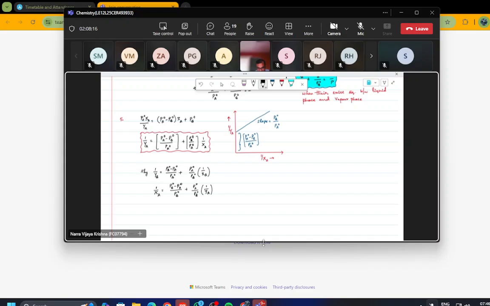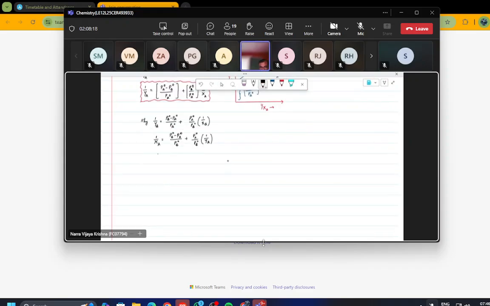Similarly, what about 1 upon XB equal to? PA naught minus PB naught upon PA naught plus PB naught upon PA naught into 1 upon YB. 4 types of graphs, 4 types of equations.